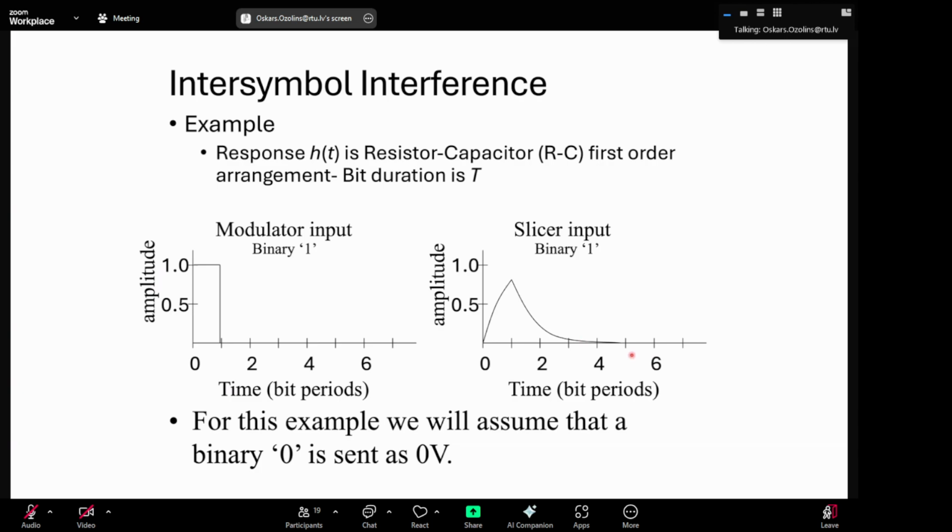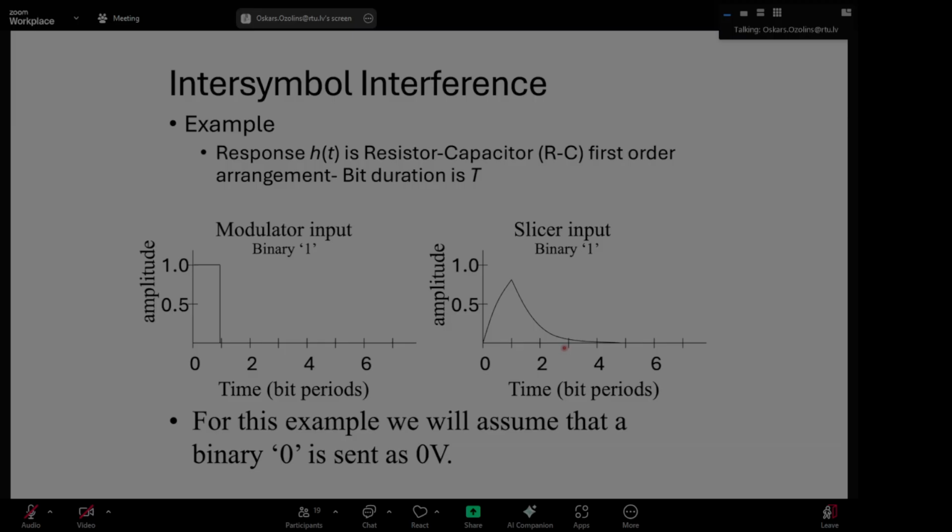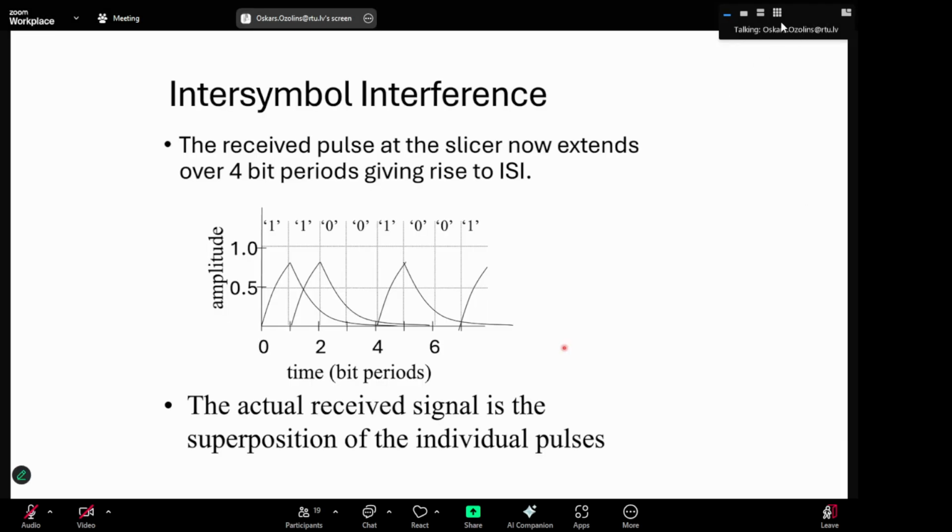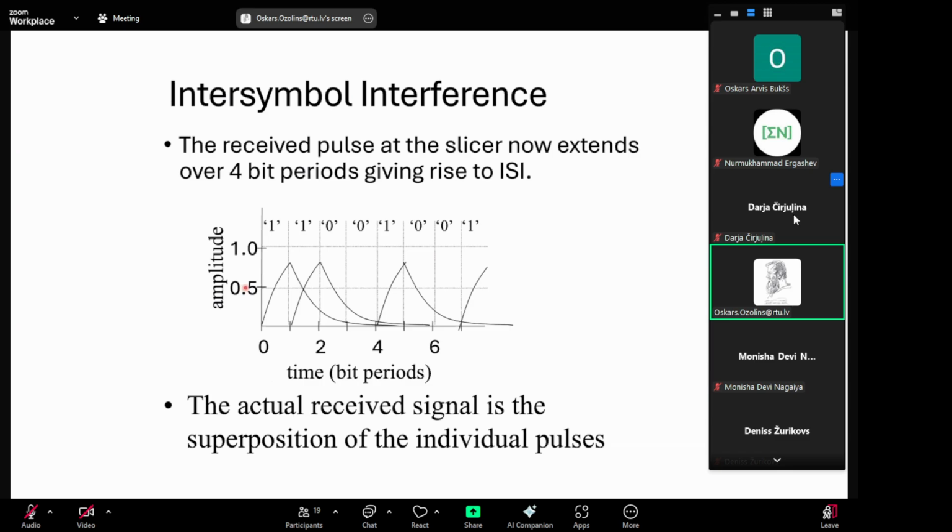And so the problem is that you cannot place these bits close to each other, one after another. That is problematic. Right, here is a good representation of it. When you put zeros and ones, it's difficult to decide at the middle of a pulse whether this is 0 or 1.